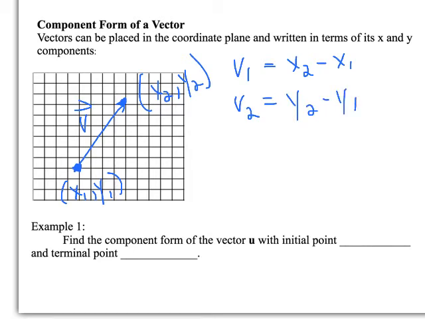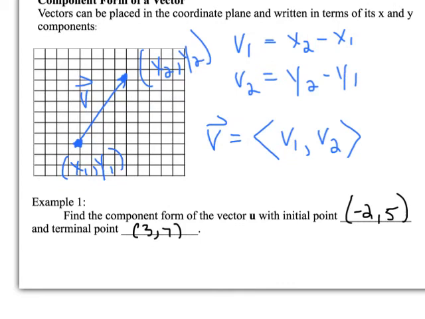I can denote a vector by breaking it down into its components, and we use these fancy looking brackets. They're specific for vectors, and you will see this in your book. So I have the x component and the y component. So let's say I want to find the component form of a vector. I have an initial point of (-2, 5) and a terminal point of (3, 7). So I need to take the difference in the x's.